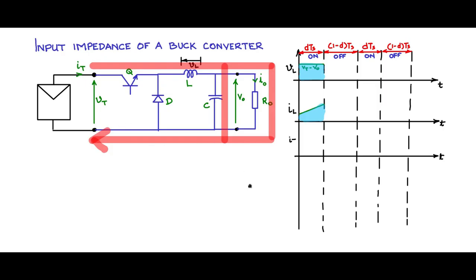So this is terminal current IT, and because this is in series with the inductance at this point, and the diode is out of the picture, the inductor current is the same as the Q current, the same as IT, and therefore IT and the inductor current will look the same.